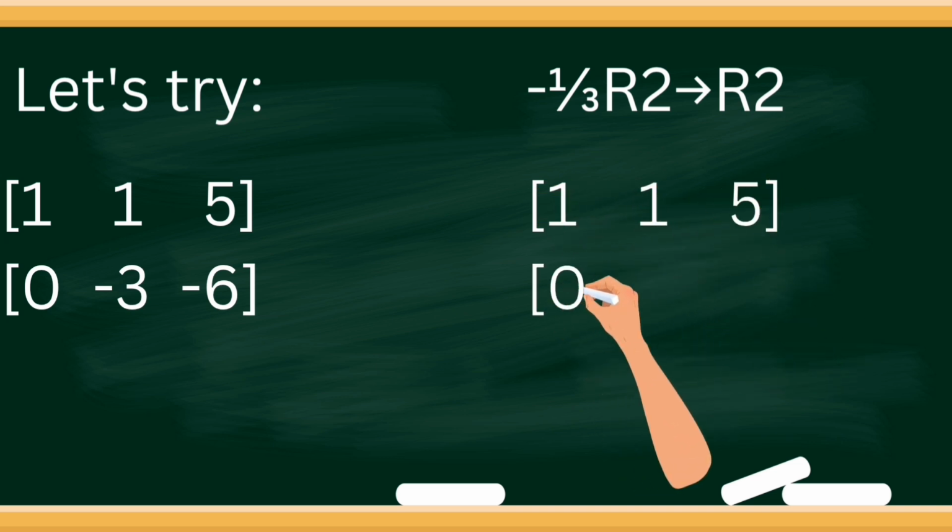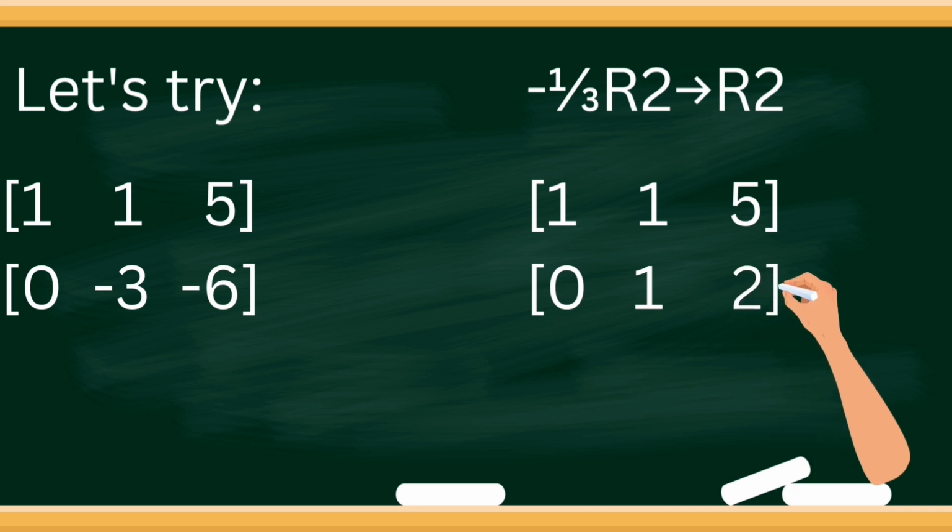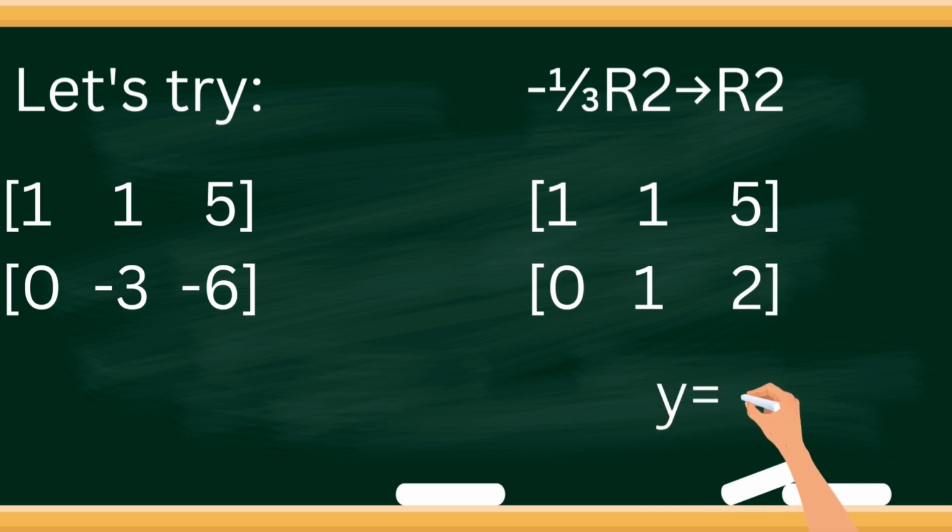Negative 1/3 times negative 3 is equal to positive 1. Then negative 1/3 times negative 6 results in positive 2. By that, we can now have the value of y, which is equal to 2.